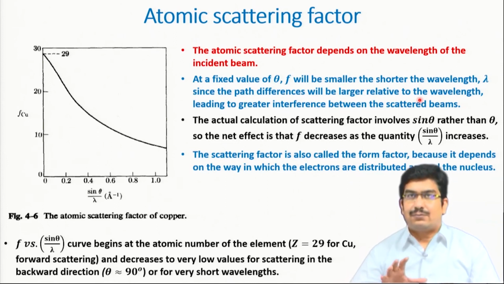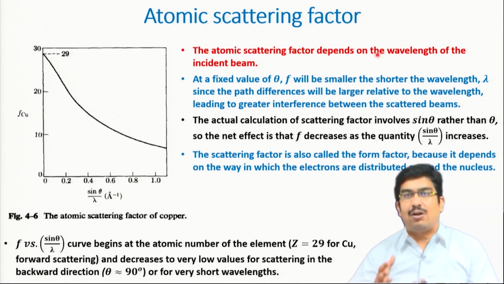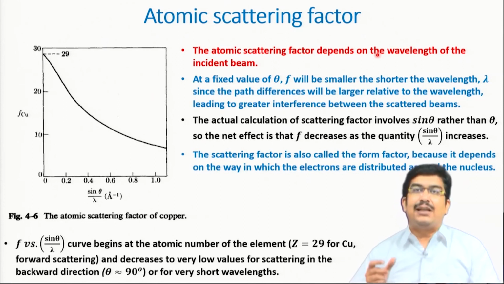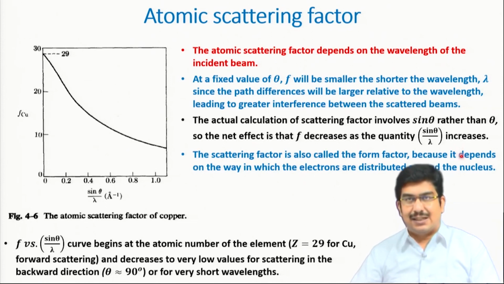The shorter the wavelength, the greater the interference, so f will decrease as lambda becomes smaller and smaller, and it will also depend on sin theta. As sin theta increases, f will also decrease. So basically, f will decrease as the quantity sin theta by lambda increases.